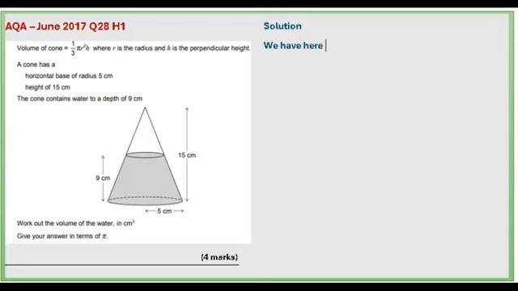So we can first find the height of the small cone, which is going to be equal to the height of the big cone minus the height of the small cone, which is 15 minus 9.